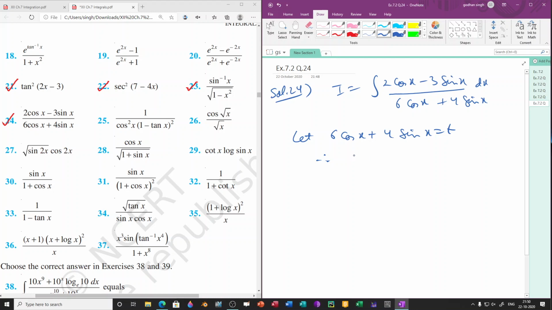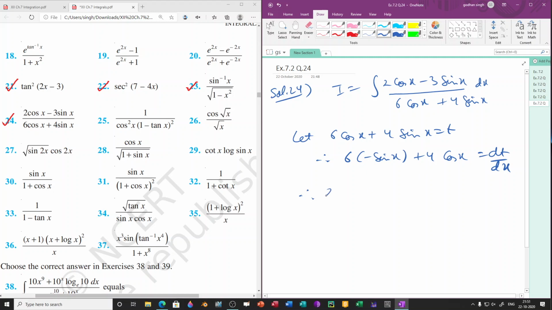Therefore, now let us differentiate both sides with respect to x. So 6 into the differentiation of cos, which is minus sin x, plus 4 into the differentiation of sin, which is cos x, equals dt by dx. On the left hand side we have the numerical values 6 and 4, and from both we can take 2 common.